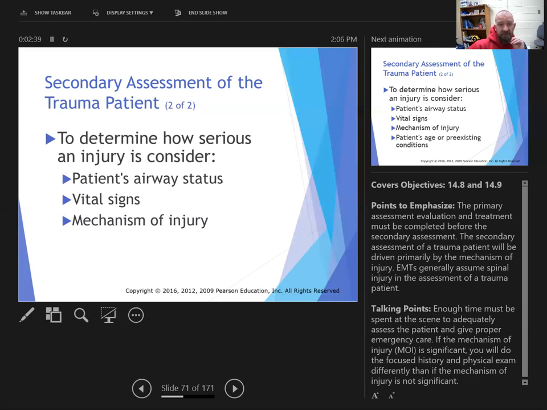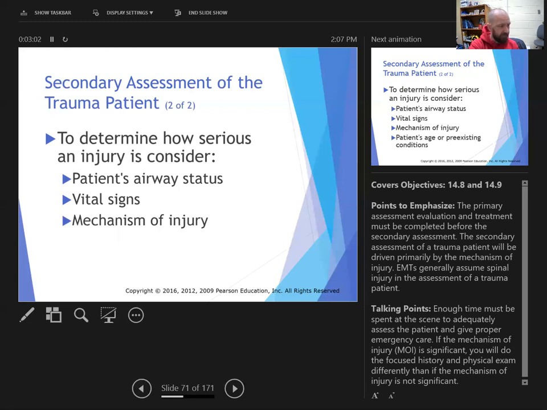The mechanism of injury is something to consider about how seriously somebody may or may not be injured. Mechanism of injury is how somebody got hurt. You know that, right? It's how somebody got hurt. So obviously, how people get hurt can vary, and some things are more serious.